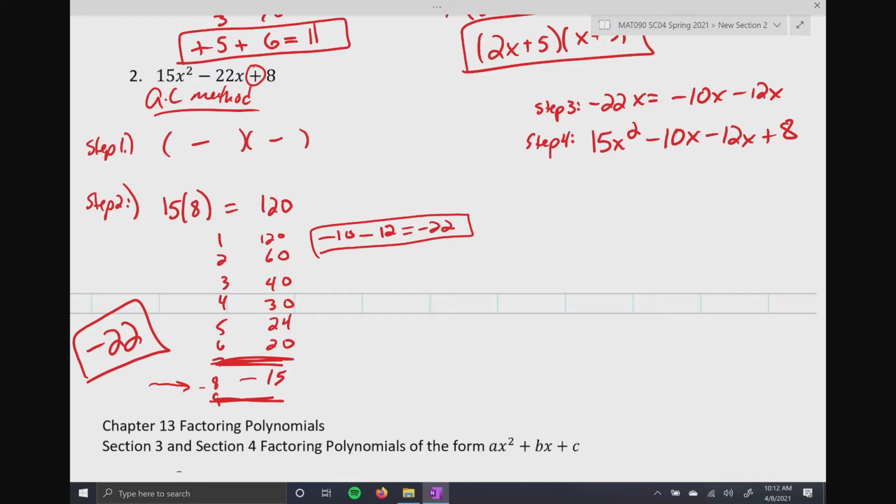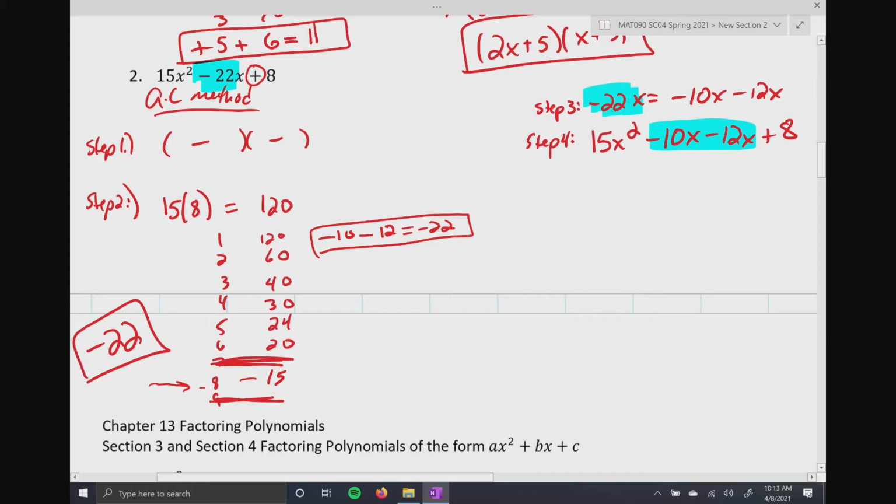Yes, I'm sorry. I didn't hear a word you just said, Crystal. The calculator is hiding what you just wrote. You are the best. Thank you. So, let me repeat what I just said. The whole idea behind the AC method is to take this middle term right here that we're figuring out, and we're rewriting it as two different terms.